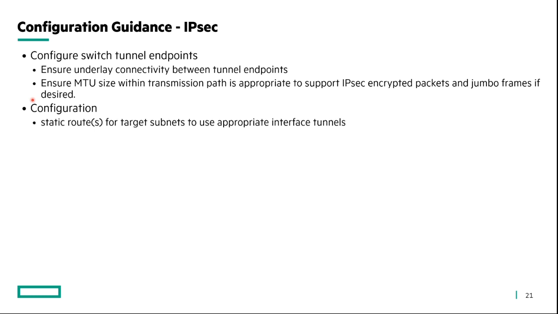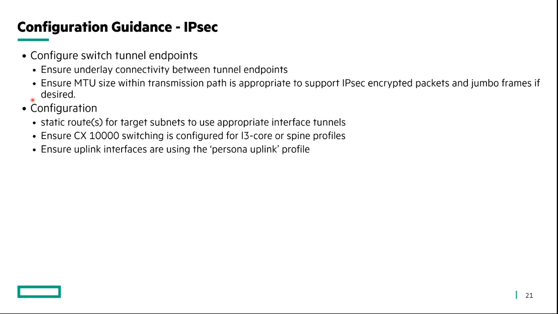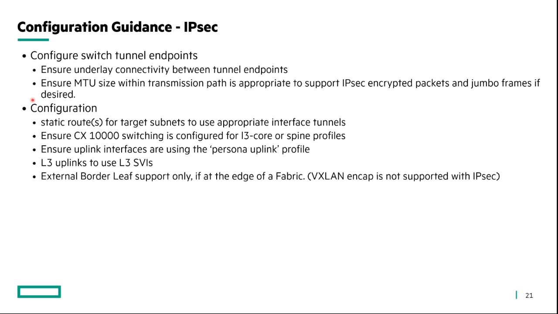On the configuration side, use static routes for target subnets to use the appropriate tunnel interfaces, and ensure the CX10000 switching appliances are configured for layer 3 core or spine profiles, with uplink interfaces using the persona uplink profile and layer 3 uplinks using layer 3 SVIs.